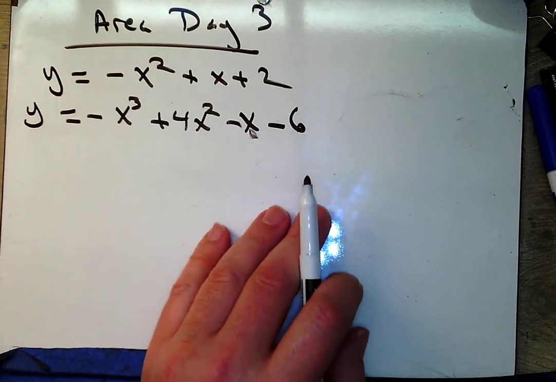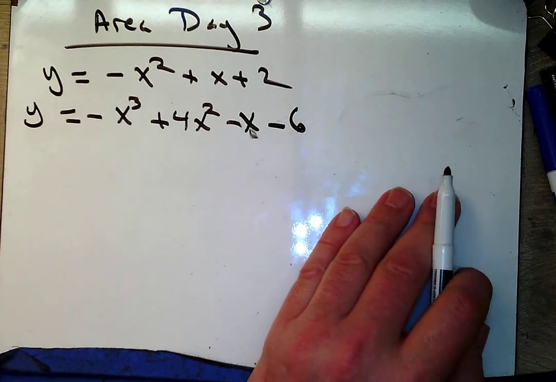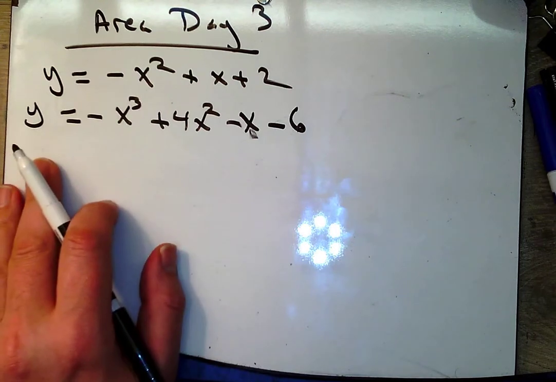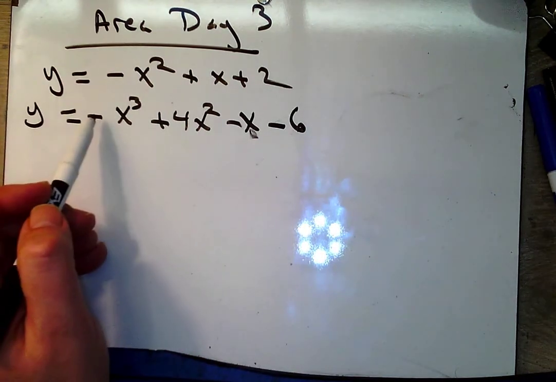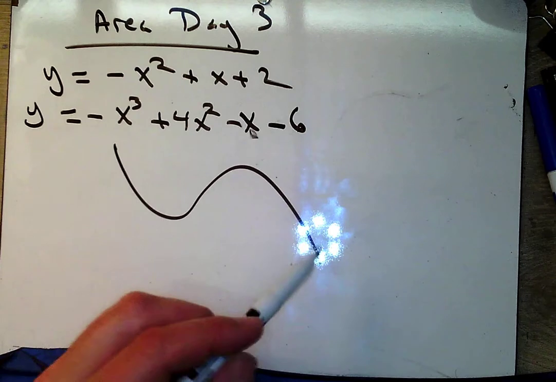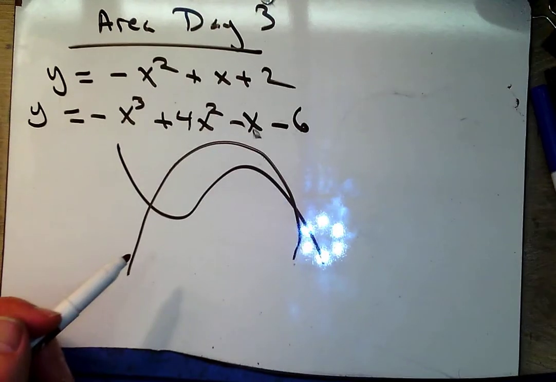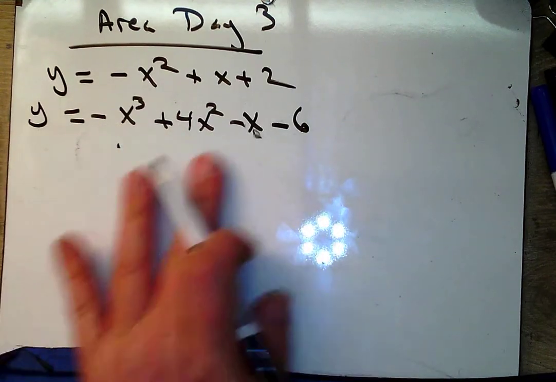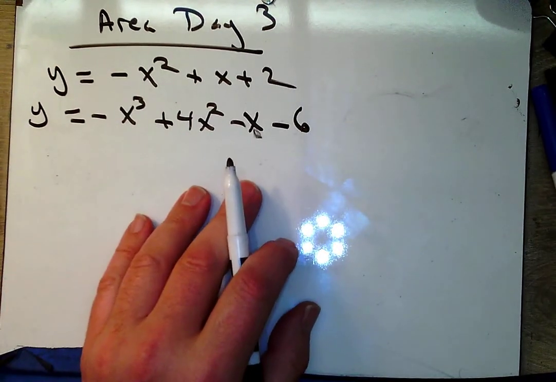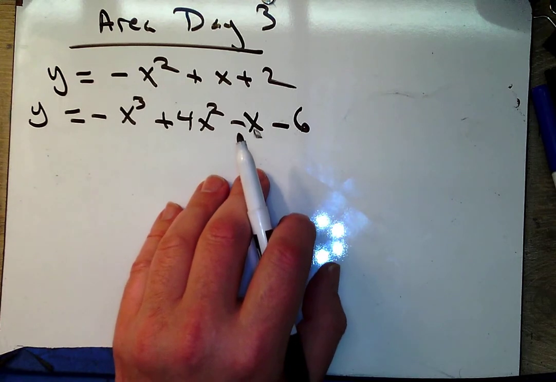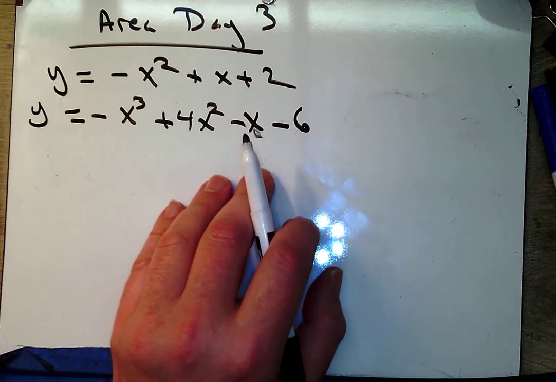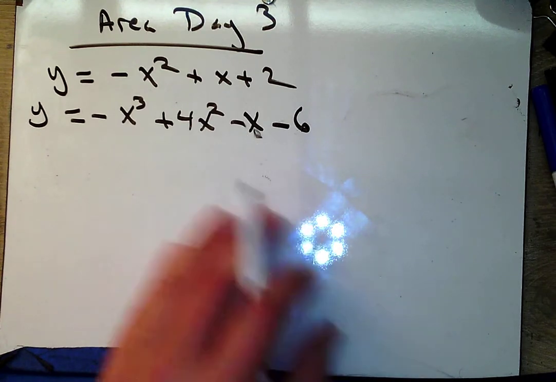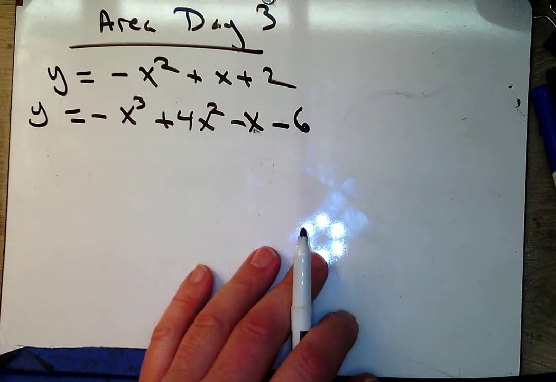So here are polynomials, both with negative leading coefficients. But what does it look like? I don't really know. I could set them equal to each other and look for points of intersection and see if that sort of helped me to graph them and figure them out.